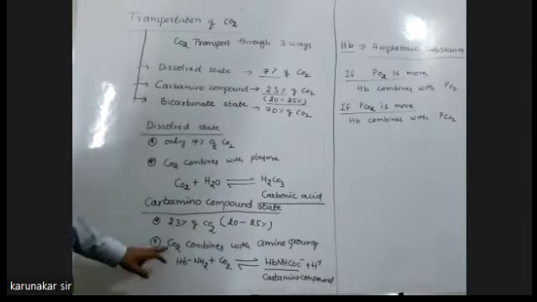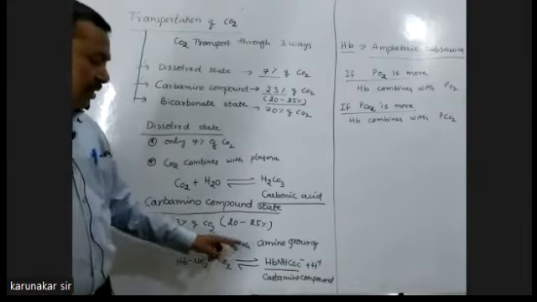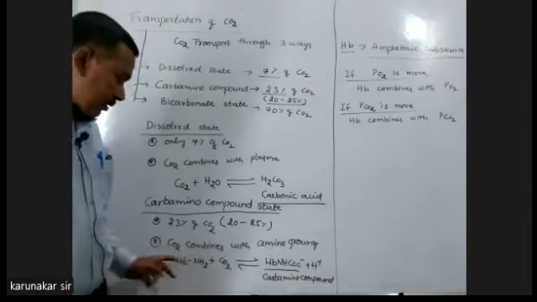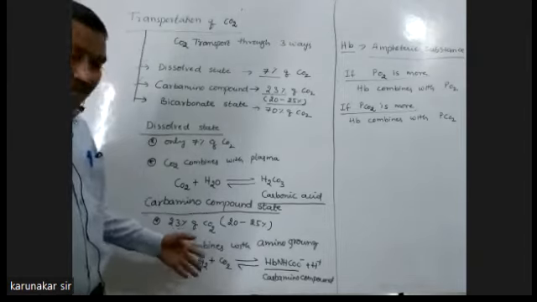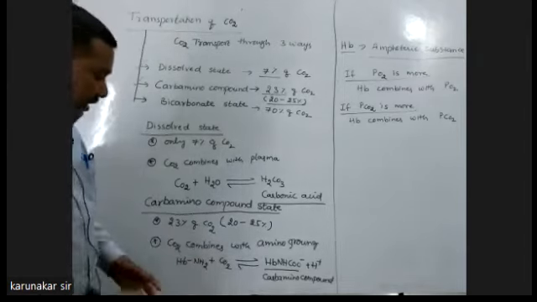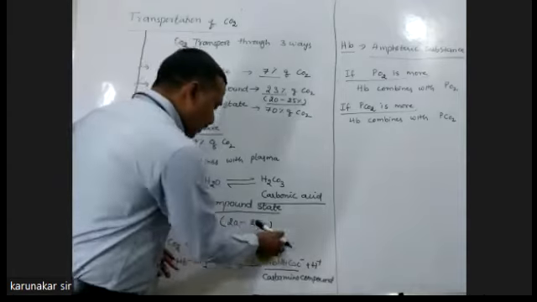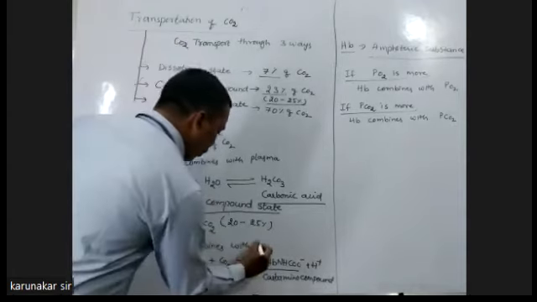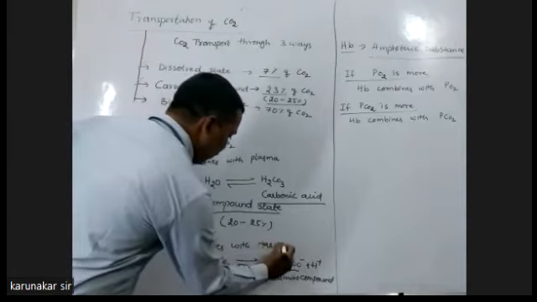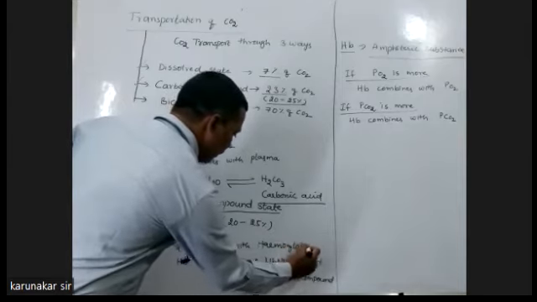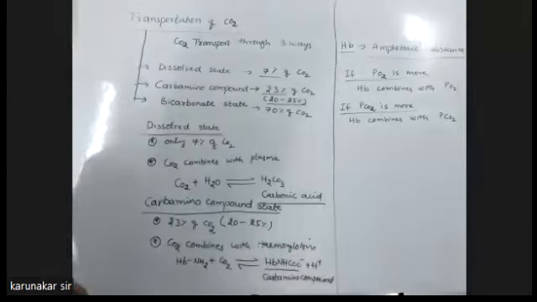How is it transported? Carbon dioxide combines with the amino group of hemoglobin.